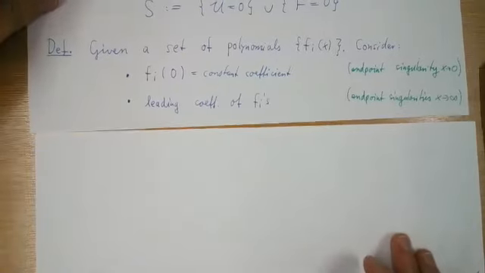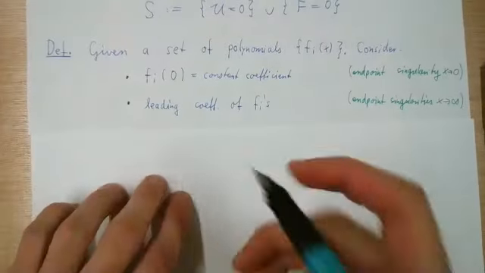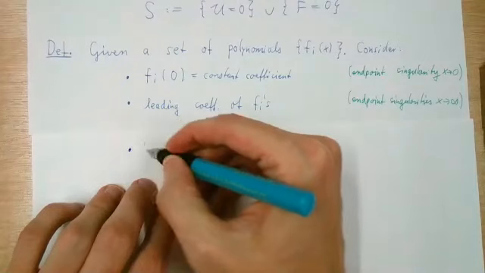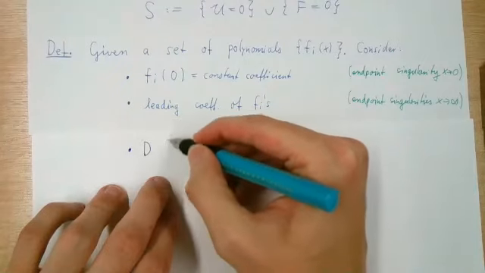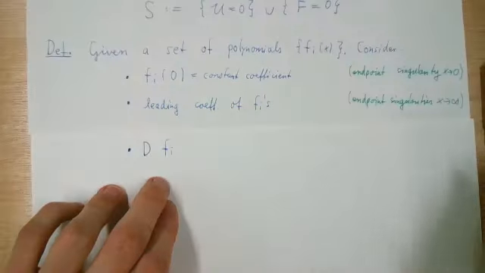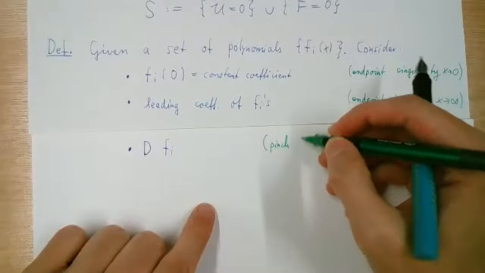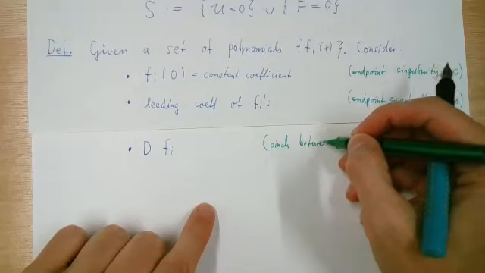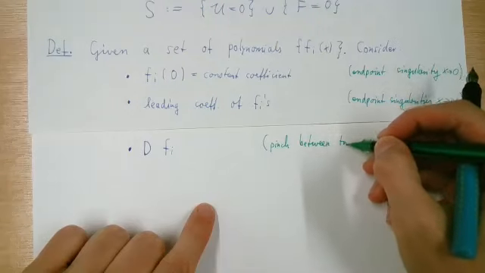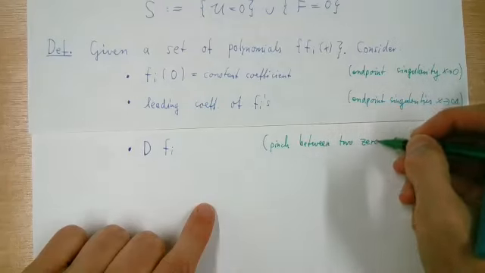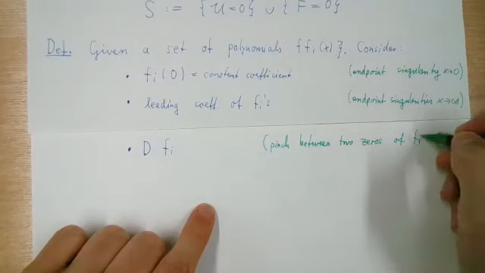And then we have all sorts of pinches. And the pinches come in two types. So there are the discriminants of the polynomials. Right, so this is a pinch between two zeros of this polynomial fi.